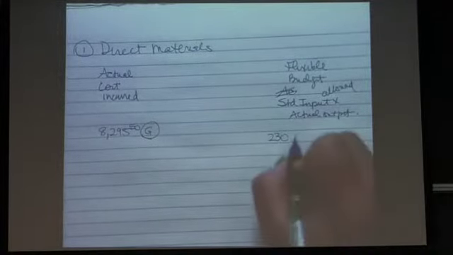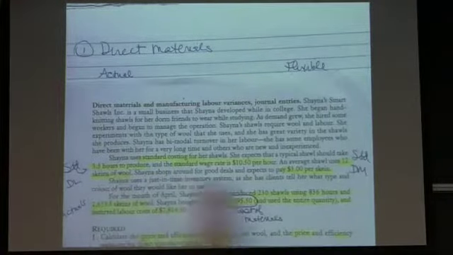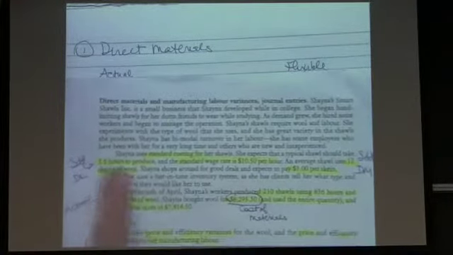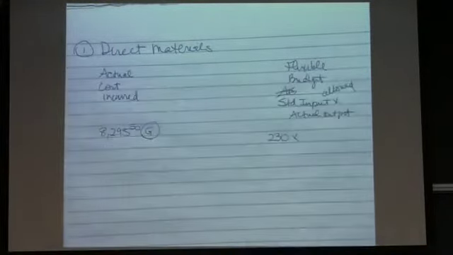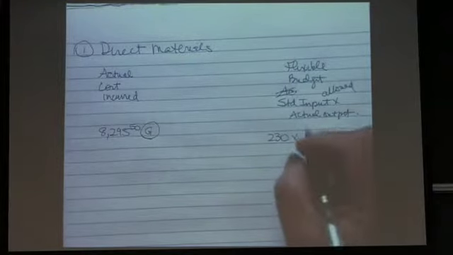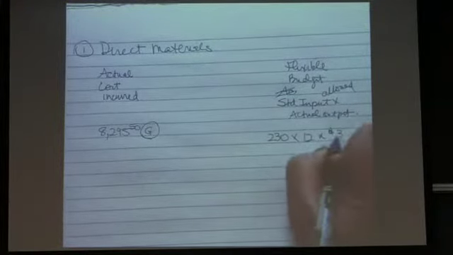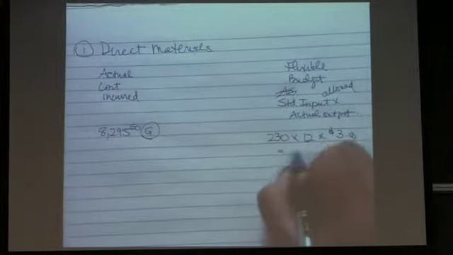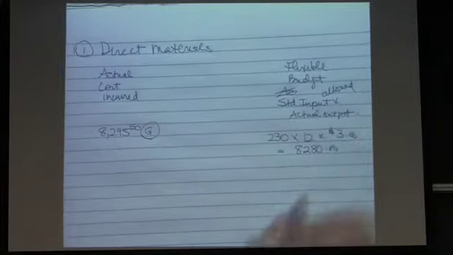What was the standard input for each one of those shawls? We were told that each shawl requires 12 skeins of wool, and the standard price is $3. So you want 12 times $3 times 230, and that gives us $8,280.